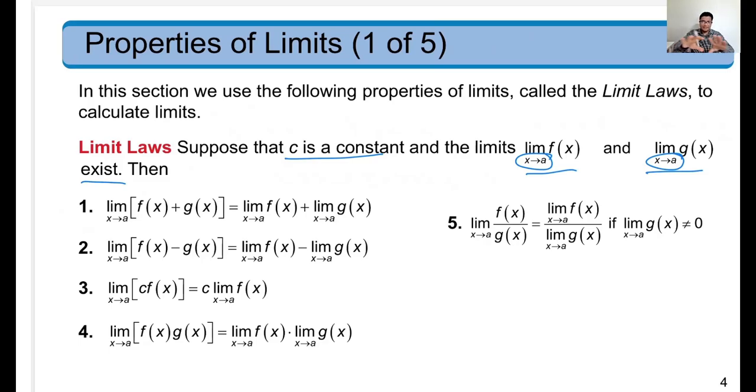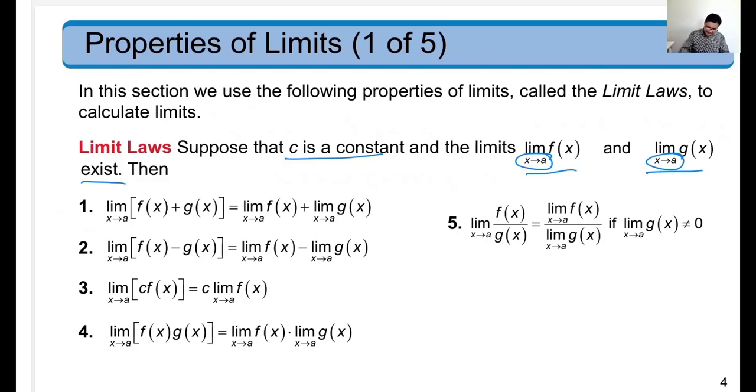Then any of these expressions, the limit will not exist. Right. So we start with the assumption that both individual functions have limits at that point at a finite value. When I say limit exists, it's a finite value, and there is a constant number c.